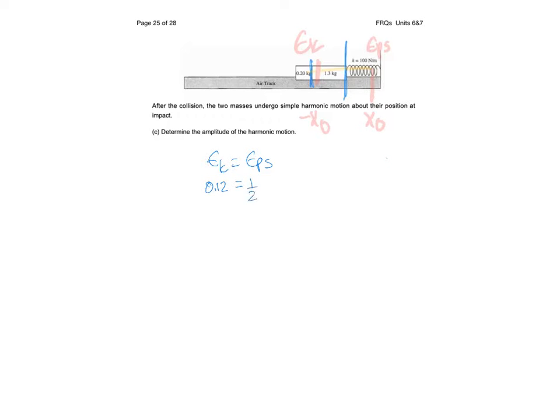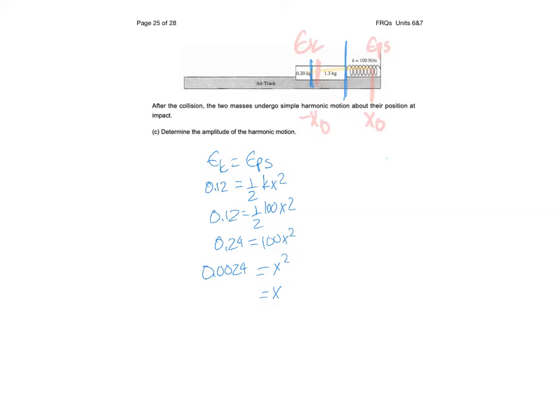the potential energy of the spring is 1/2 kx squared. The k we are given on the first page is 100 newtons per meter. So that gives us 0.24 equals 100x squared. And then x squared becomes 0.0024, which seems like it's going to be implausible, but it's not.